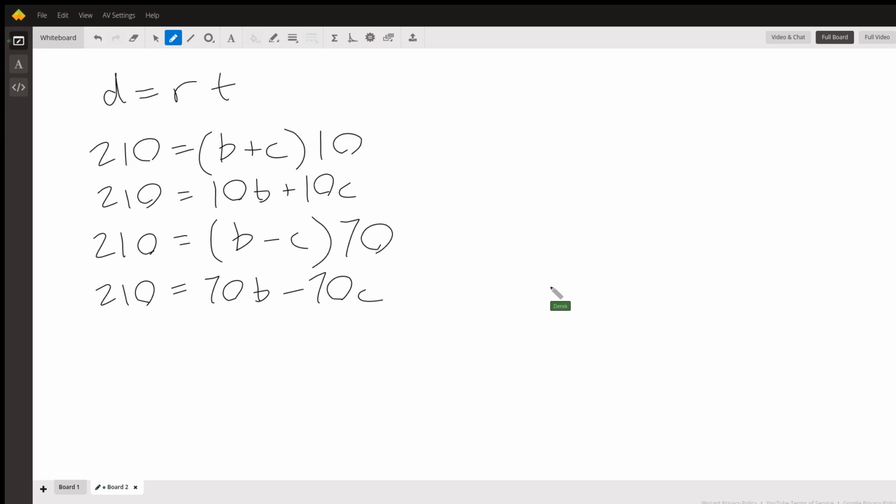Okay, now I notice this one, I could just divide both sides by 10. So I'd have 21 equals B plus C. And here I'd have 21 equals 7B minus 7C.